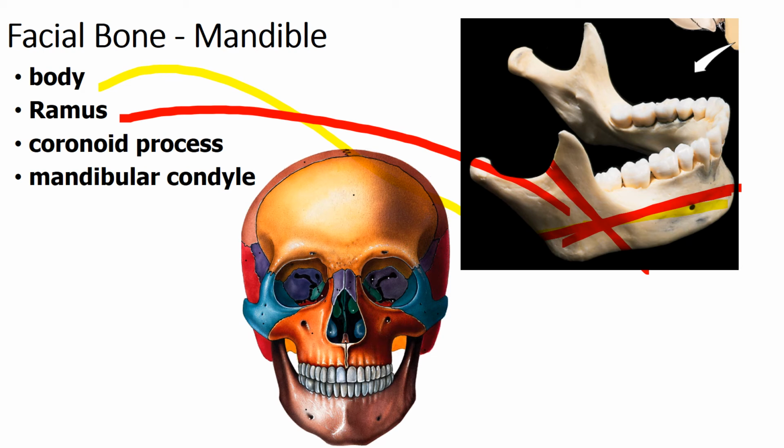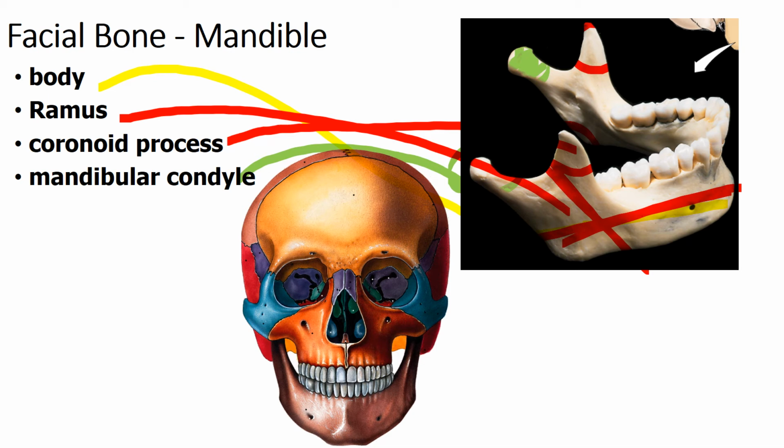Then what we find on the ramus is the coronoid process, which is going to be more anterior versus the mandibular condyle, which I'll do here in green, is going to be more posterior here.